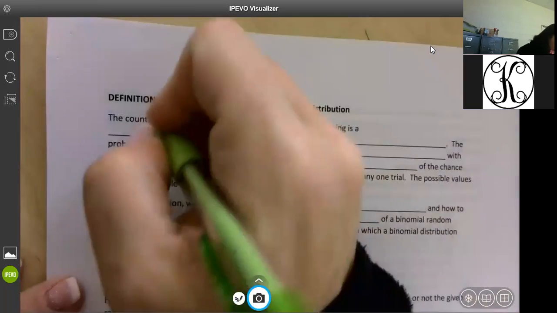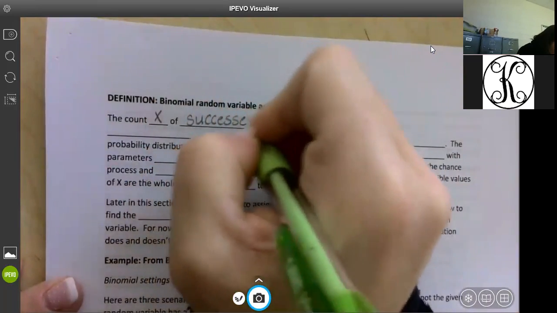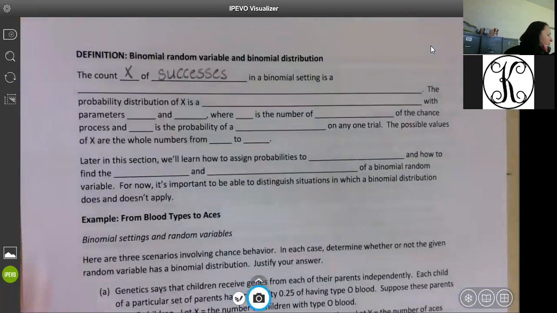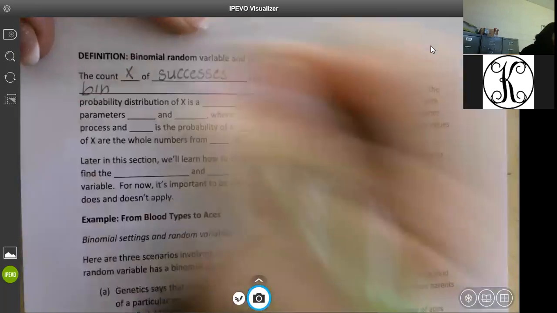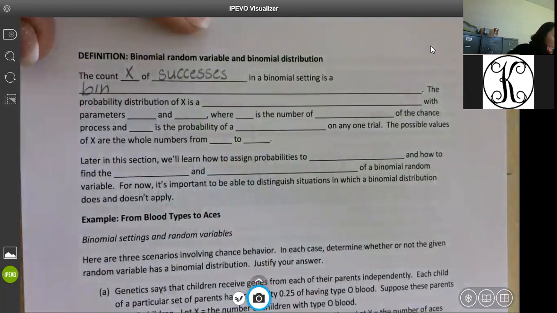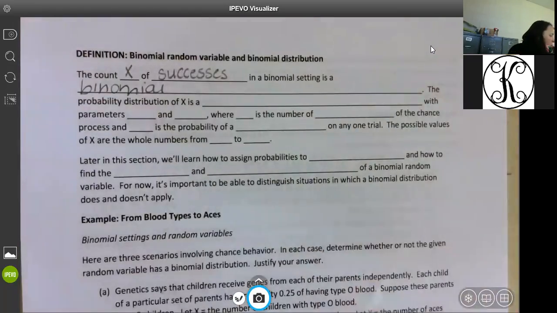To count X of successes in a binomial setting is a binomial random variable. This is just that same paragraph reiterated one more time.